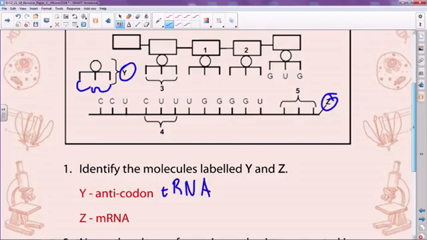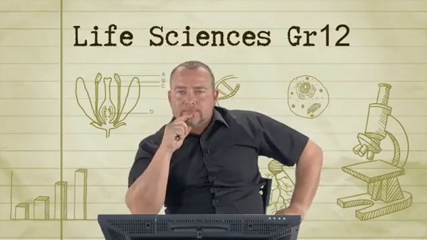And Z is this whole strand from there to there. That is an mRNA, or messenger RNA. How did I know it wasn't DNA?